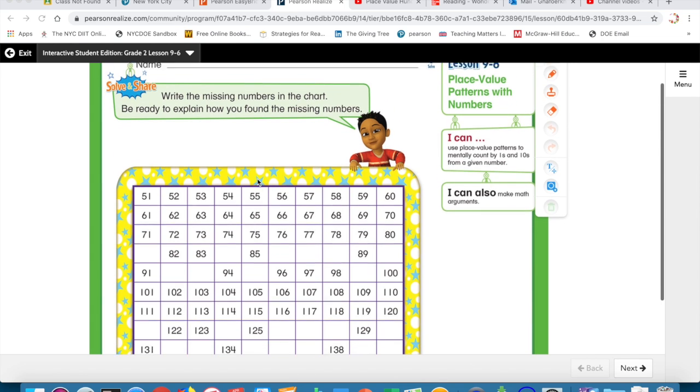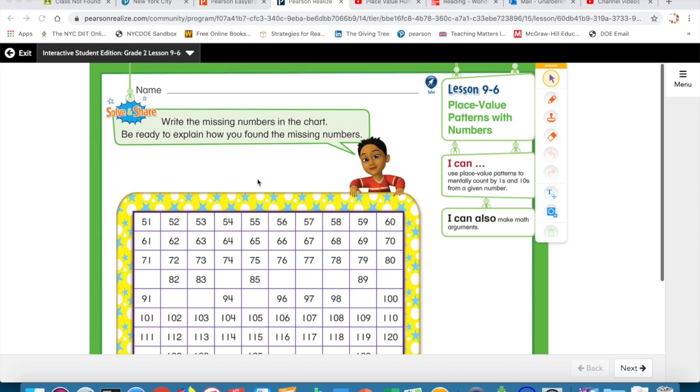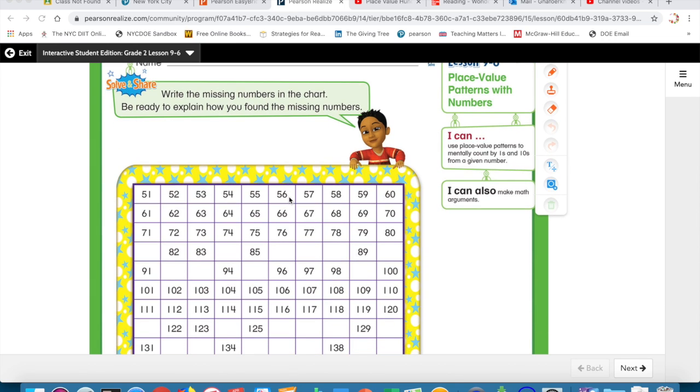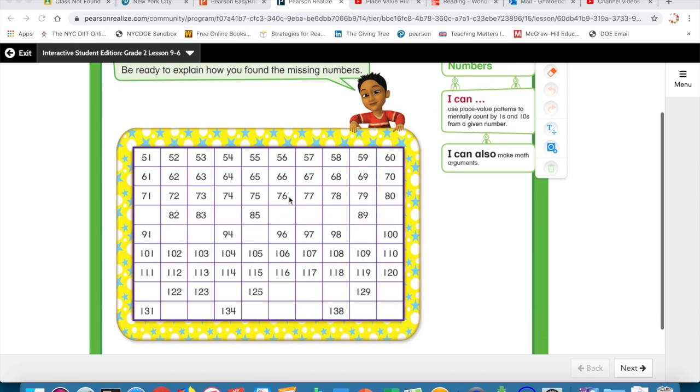Some of us used to have it on our desk in class to help us out. So we're looking at place value patterns today to help us figure out numbers. All right, missing numbers. As you can see, we have missing numbers. So we have to be superheroes that are going to be solving this problem today, trying to find a missing number.